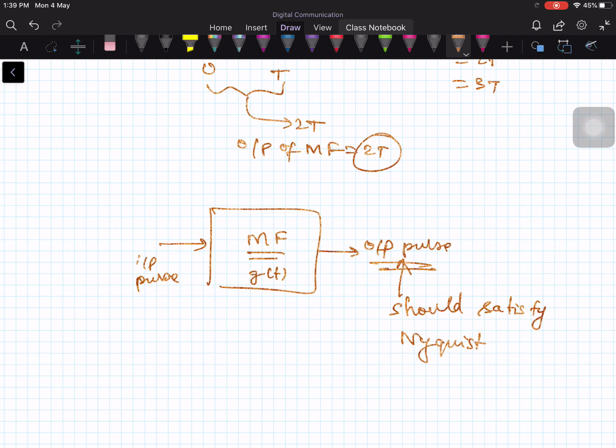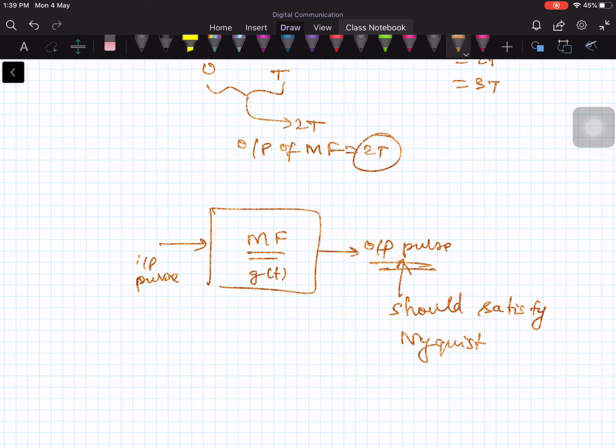So to avoid intersymbol interference, we need to design a pulse such that it satisfies the Nyquist criterion, and then you can think that it will not interfere with the other pulses in the subsequent intervals.